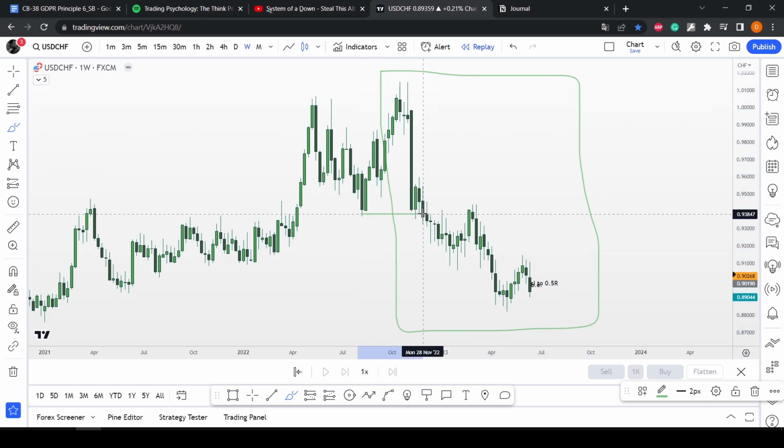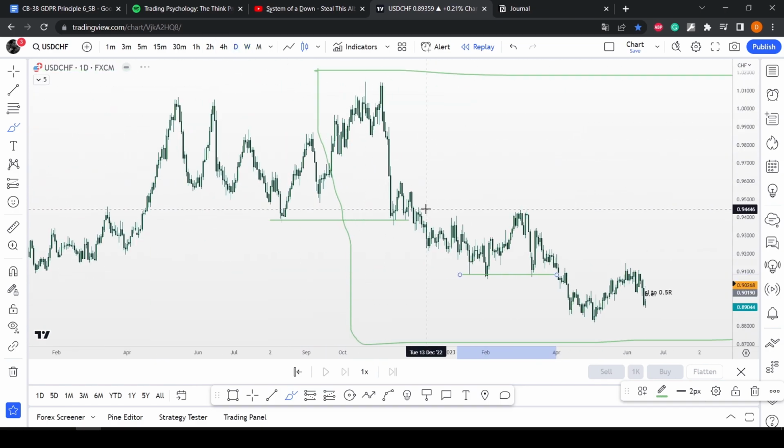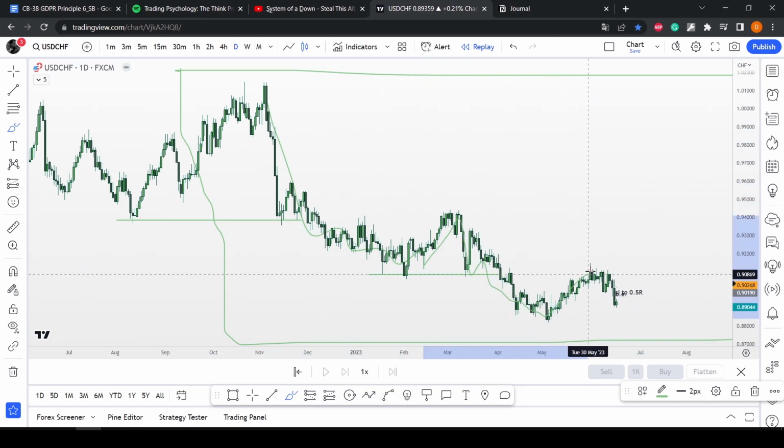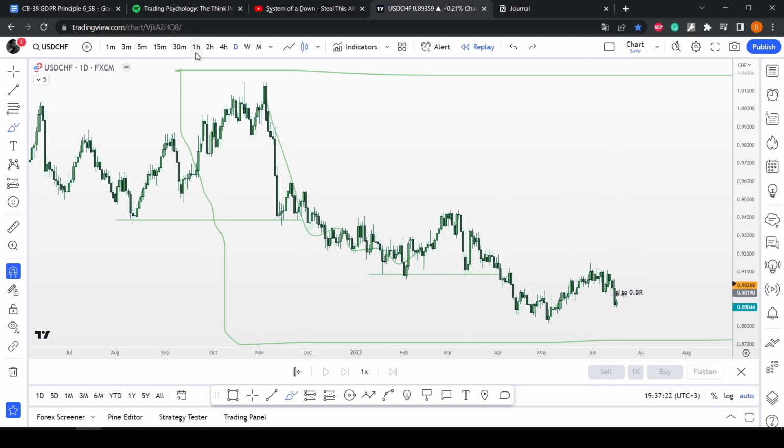So here we have just a down move, so basically a beginning of a downtrend. On the daily we have redistribution here, so down, up and down, up, and this internal shift to the downside and move to the down. So really possible redistribution here on daily.